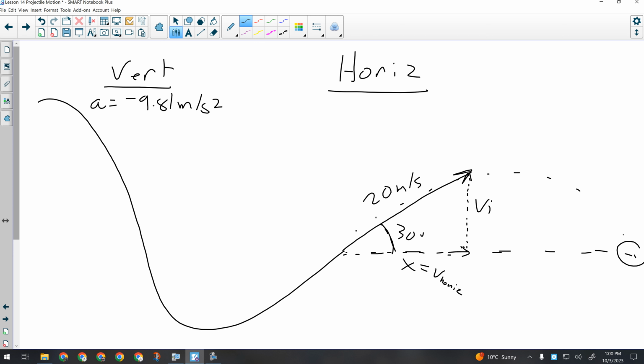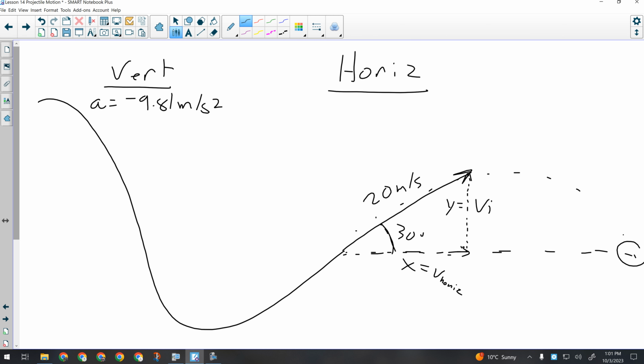The Y component is going to be my initial vertical velocity. Why just initial? What happens to the vertical velocity? It'll accelerate downwards. Yeah, it's going to change. There's an acceleration going on vertically because of gravity.